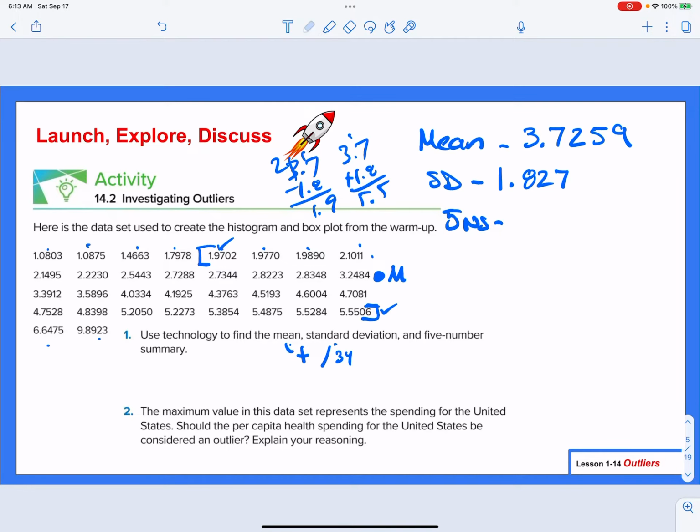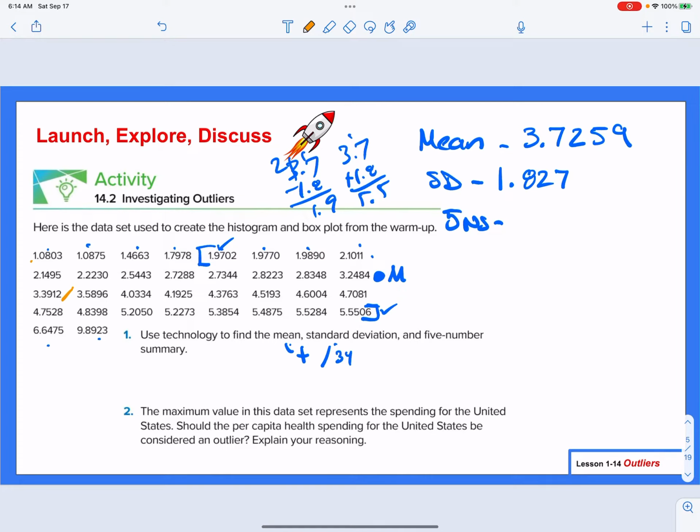For our 5-number summary, we would take a look at the fact that there are 34 numbers, so we're going to split it at 17. We know this is 16, this is number 17 right here. So 17 is my splitting point there. Okay, so I'm going to split there.